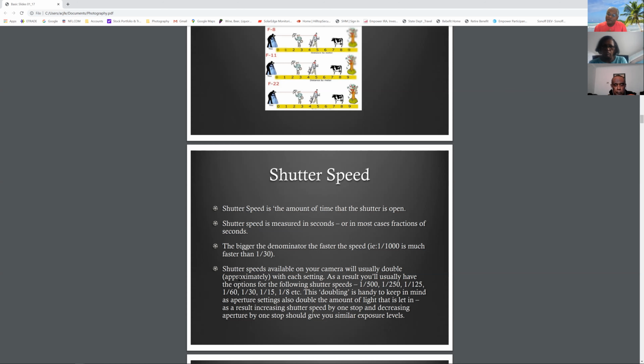And if the shutter speed is low, and when I say low, I mean 1/30th, 1/15th, or 1/10th, then you have to have a tripod or keep the camera still and shoot.